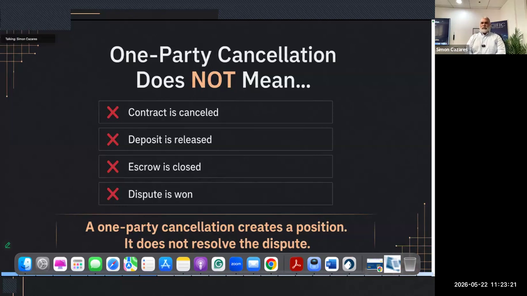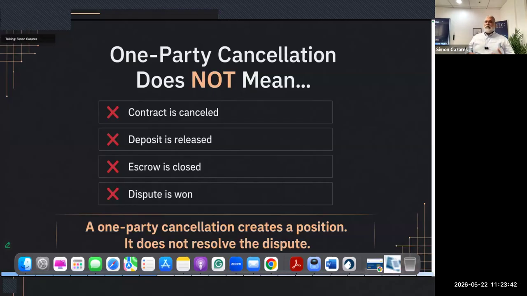Escrow is in close and dispute is in one, right? Just because the buyer has a compelling position, or the seller, doesn't mean that they won the situation. It has to be agreed upon, right? For what the situation is. A one party cancellation creates a position, it does not resolve a dispute.